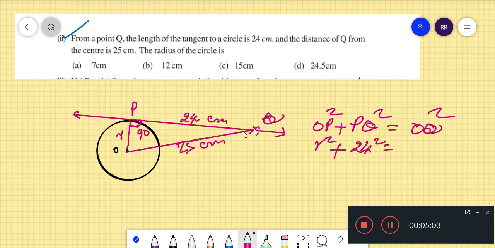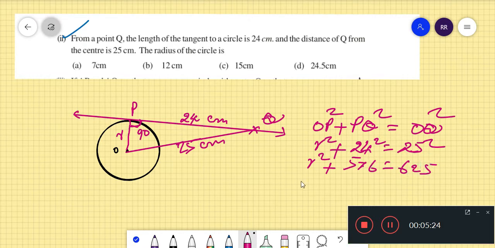OQ is 25, so 25 square. Then R square plus 24 square, which is 576, is equal to 25 square, which is 625.